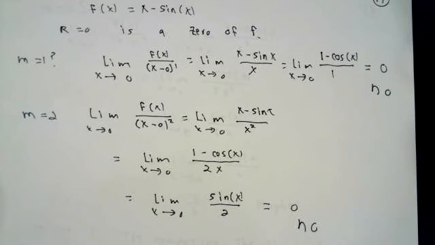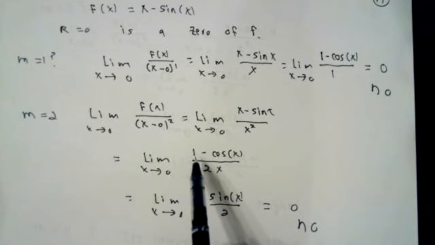As x approaches 0, that approaches 1 minus 1, which is 0. But unfortunately, the bottom of the fraction approaches 0 as well. This is still an indeterminate form of type 0 over 0. So I have to do L'Hopital's rule to it again.